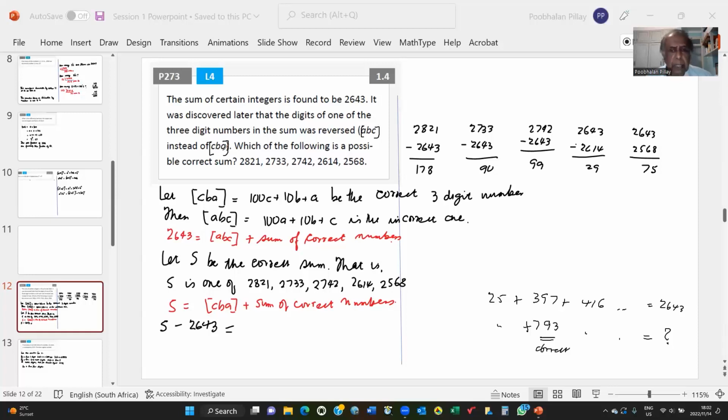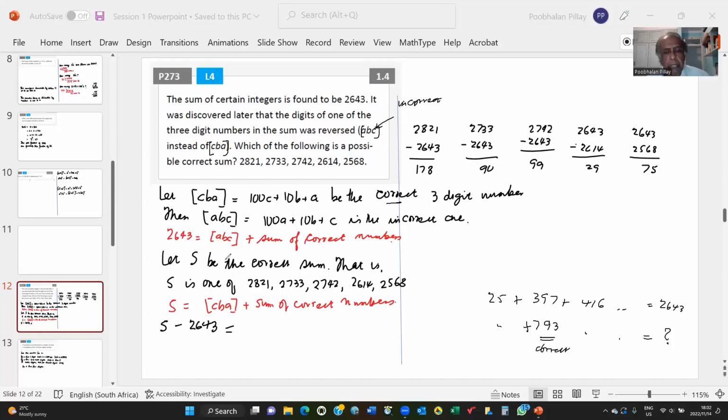This is not a product. So this CBA, this 3-digit number would have given the correct sum. The value of this is 100C, the hundreds unit, plus 10B plus A. So this is the actual value of this 3-digit number. And let this be the correct one, because it says here that this is the correct one, and this is the incorrect one, the reversed one.